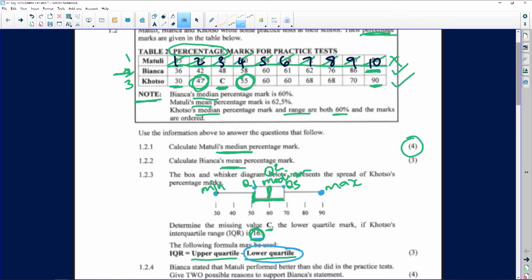We're always working with information that we have been given, so don't be scared. Q3 is going to be something between 60 and 70. Let's look at our marks there. Between 60 and 70, I've got 68. Stunning, so Q3 is 68.